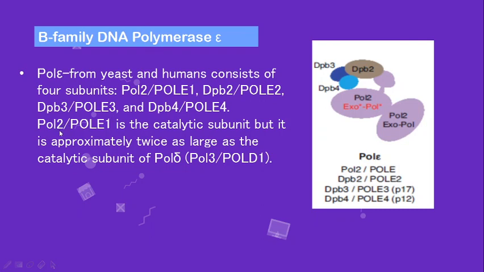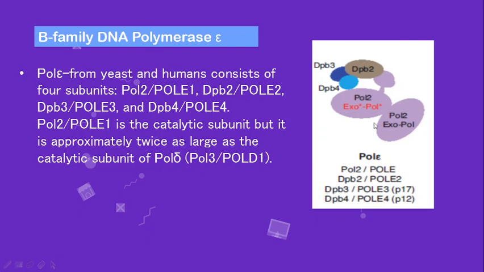POL2 is the catalytic subunit. It is twice as large as the catalytic subunit of polymerase delta. In humans these are POLE1, POLE2, POLE3 and POLE4, the subunits present in the mammalian eukaryotic polymerase epsilon.